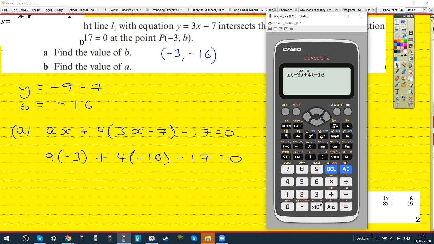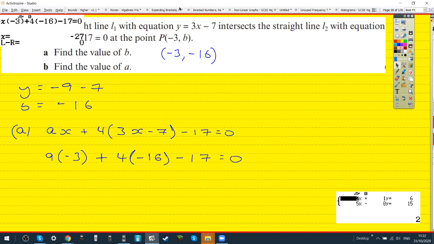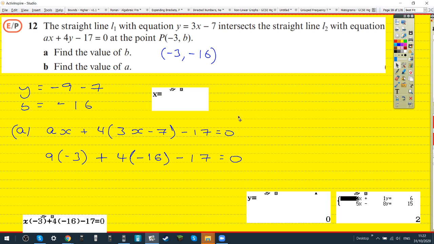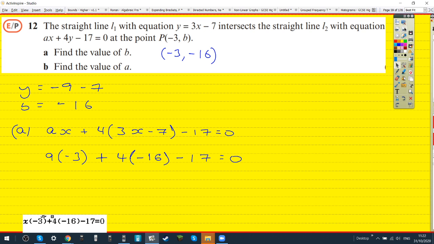And then we can simplify. So it'd be minus 60, minus 81. So it'd be written out as minus 3a minus 81 equals 0. And then you'd plus 81 on both sides.